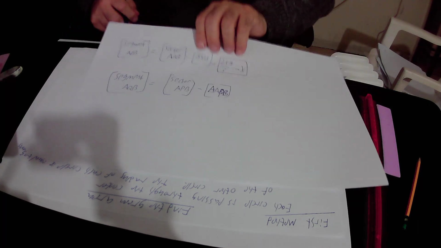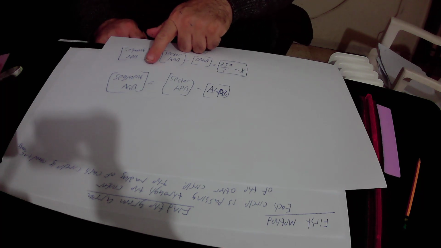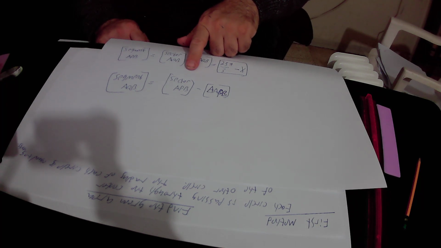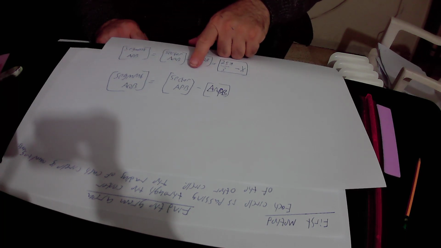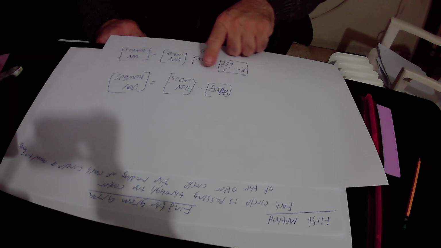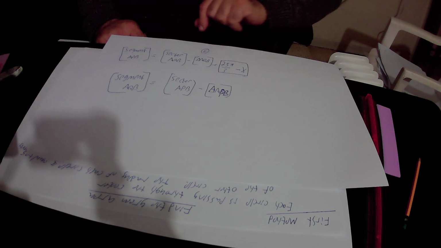I repeat again, the area of segment AQB equals the area of sector APB minus the area of triangle APB.